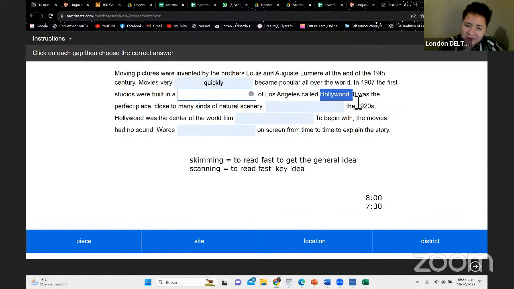A site? A piece? You need to know what you are talking about, right? Because here you're not talking about Los Angeles, you're not talking about the studios, you're talking about Hollywood. So what is Hollywood? Piece, site, location, district.